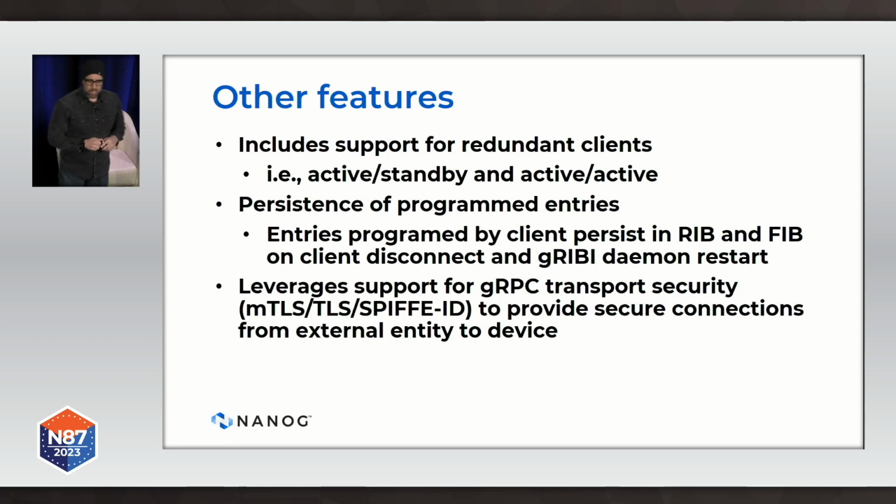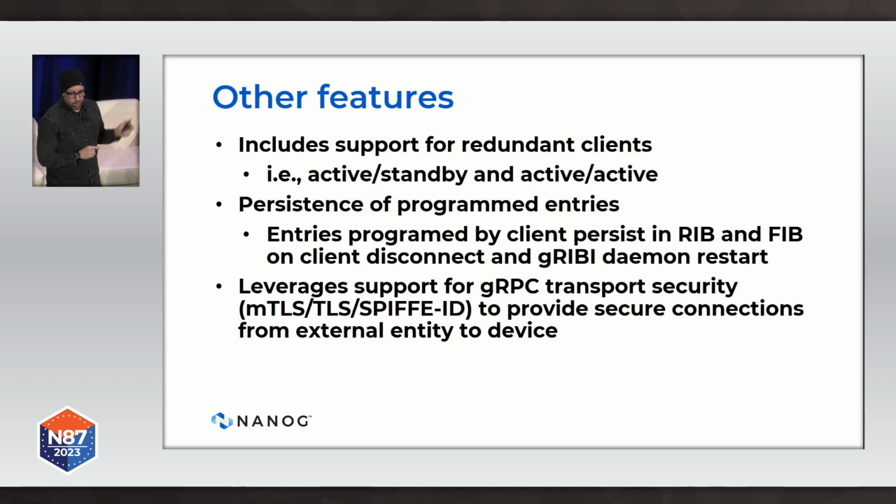The other thing I get here is support for client or controller redundancy. I can operate in an active standby configuration. I can run in an active configuration. Because these are programmed into their own process, we can also have some notion of persistence. So if I disconnect from the device, those routes or entries that I programmed into the RIB can be persistent.